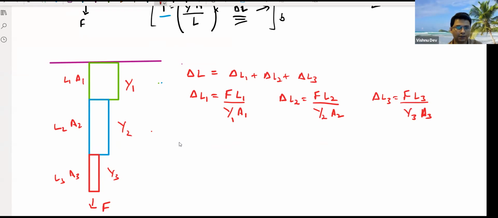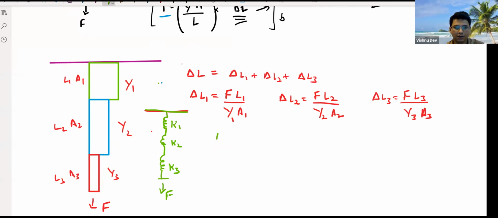Or this whole thing can be treated like this: I have a first spring, then a second spring, then a third spring, and the force F is applied. The spring constant for the first is K1, for the second K2, and for the third K3. Can I treat it like this? Yes or no?